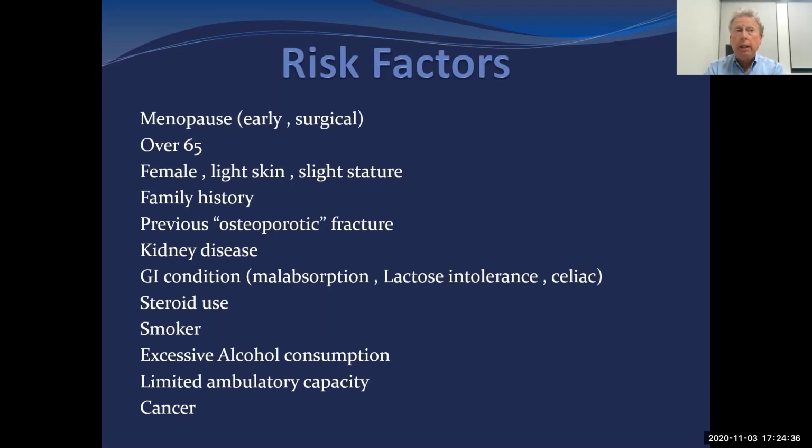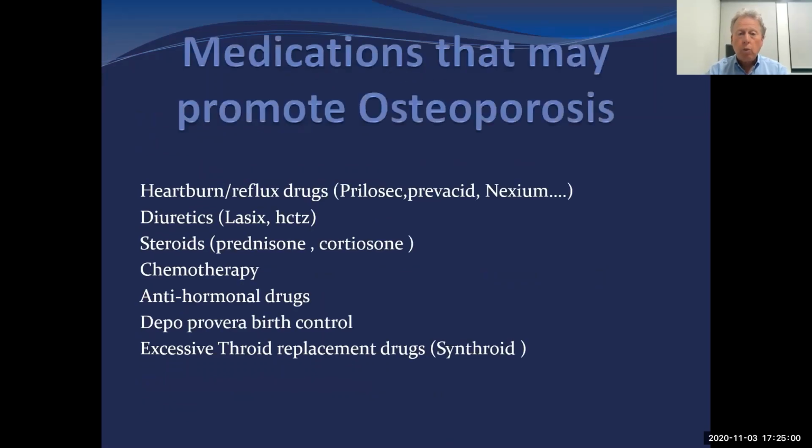And cancer treatment and cancers themselves, and there are certain cancers that are particularly bad for this, do lead to osteoporosis. The treatment is part of the problem. Some of these chemotherapy drugs are very toxic to bone and can lead to problems. So there are more things in this, but these are the main risks for osteoporosis.